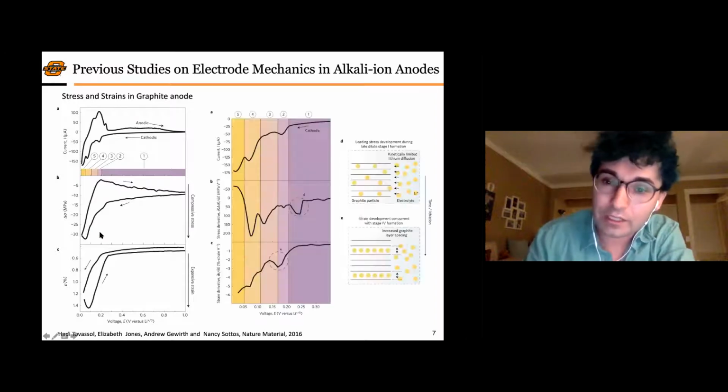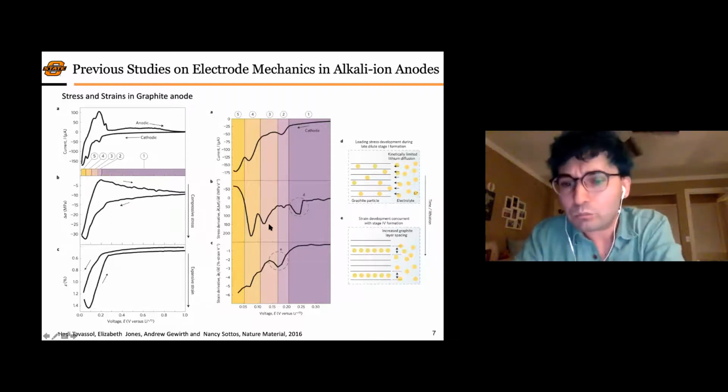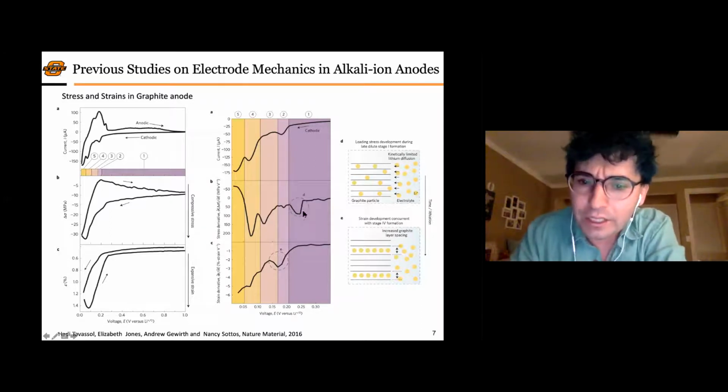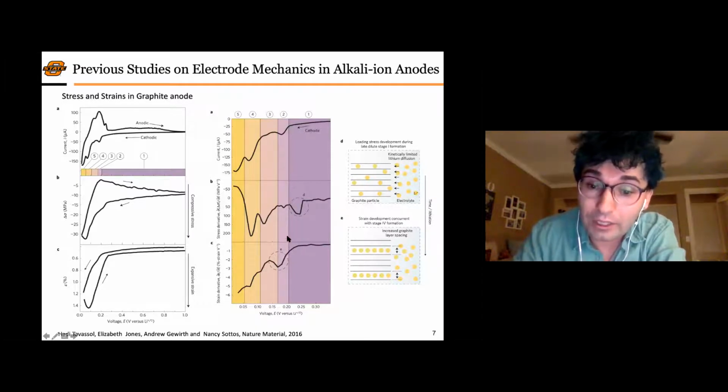So what they did is they take the derivative of the stress and strain with potential, and they observe that there is a large amount of stress rate just at the beginning of the initiation of lithium insertion into graphite. And in the later stages, there's a strain derivative that correlates well with the phase transformations.